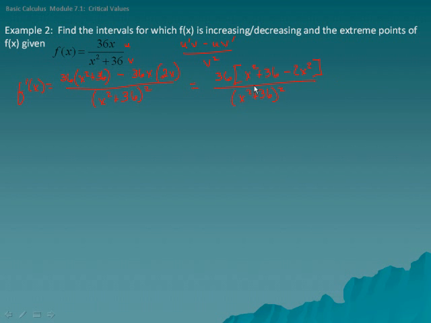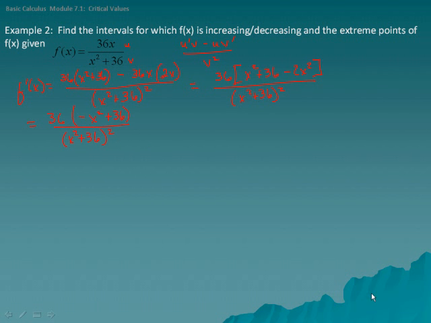And then I can combine my like terms in the numerator, which would give me 36 times negative x squared plus 36, over x squared plus 36 quantity squared. And that is my derivative.